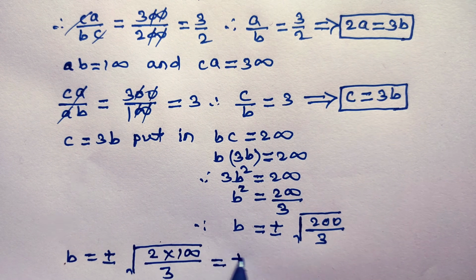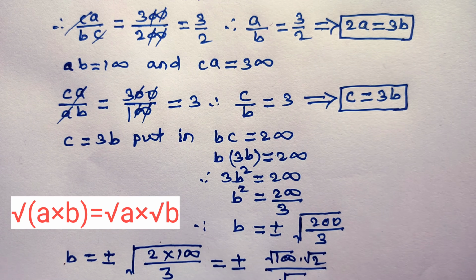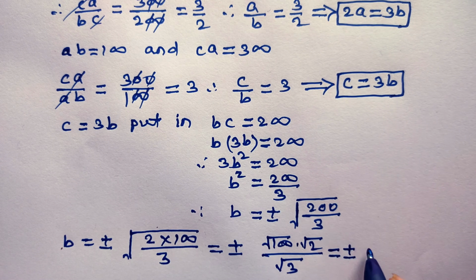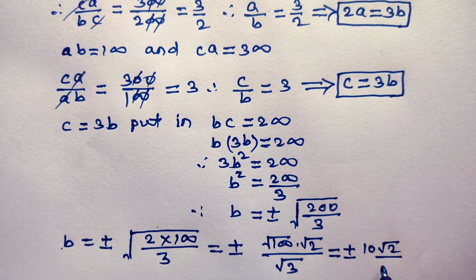This gives plus or minus square root of 100 into square root of 2 divided by square root of 3. And you know, square root of 100 is 10, plus or minus 10 times square root of 2 divided by square root of 3.